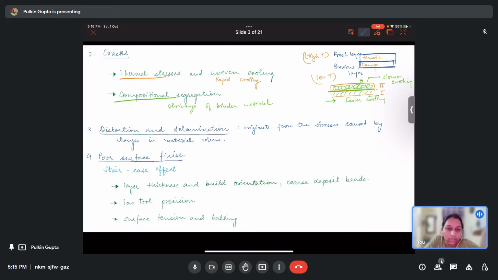Ultimately everything is associated with high temperatures, high energies, thermal stresses, and cooling and heating rates.